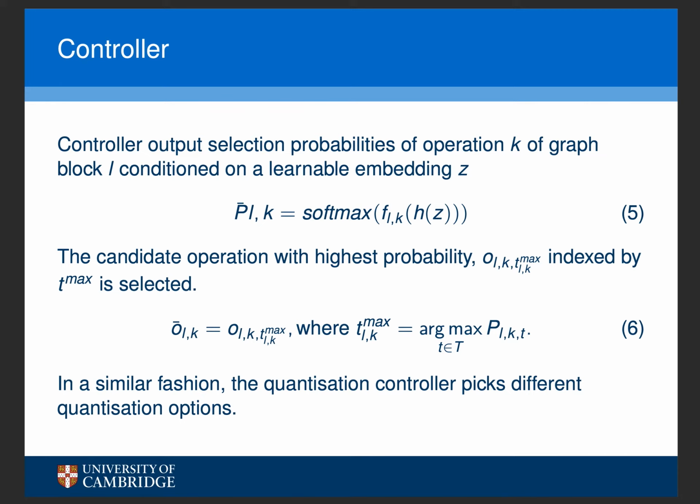The candidate operation with the highest probability is picked, and after it's picked, we train the operator with its weights, to update the picked architecture. The quantization controller follows the same logic, and the details of those two controller designs are in our paper as well.